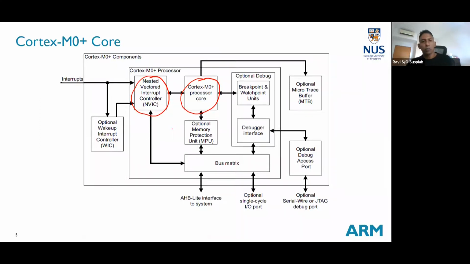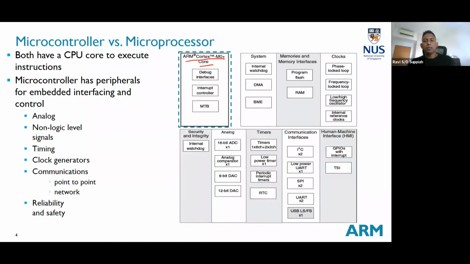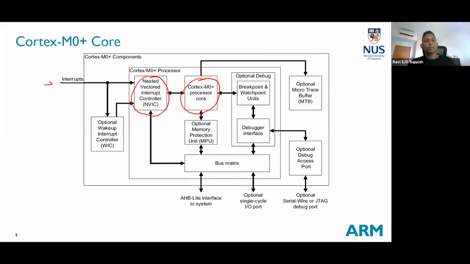As we look here, all these devices, your analog, your timers, can generate interrupts, so all of these will come in through here. Your NVIC controller takes all these signals and manages the flow of information towards the processor core. That is the job of the NVIC. We will see that in a later chapter.